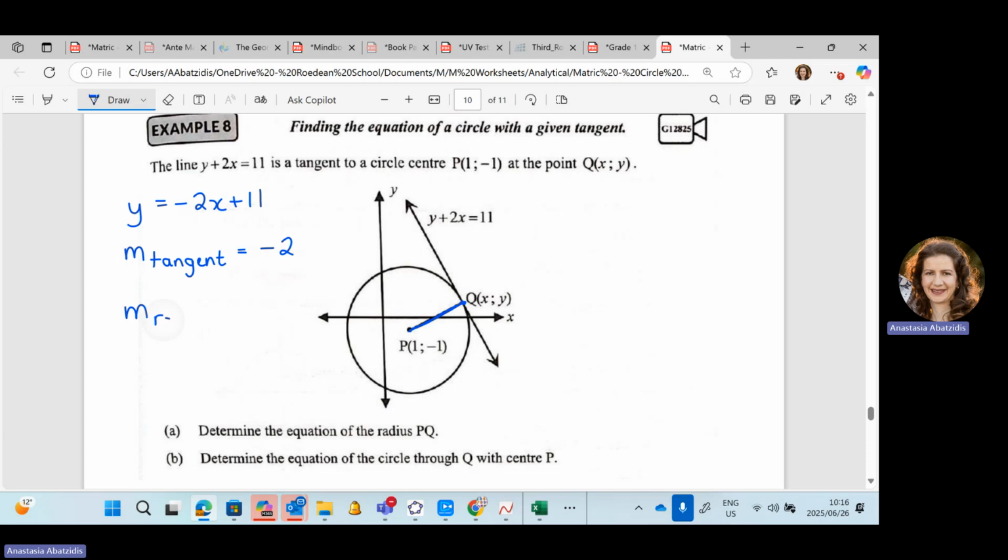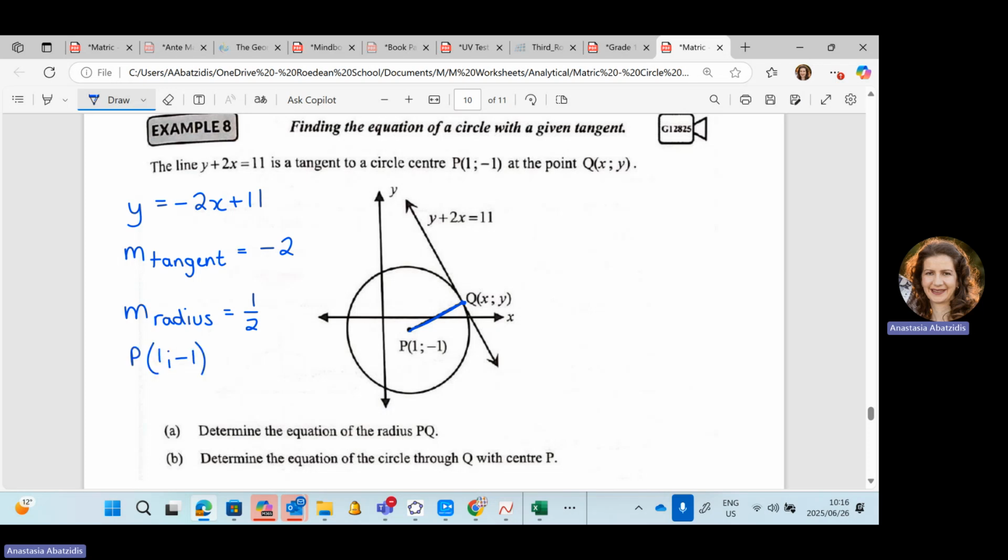The gradient of the radius is, sorry? Okay, so you've got a gradient. Do you have a point on the radius? Okay, we don't have Q, but we've got the center, we've got P. So the point is P(1, -1).